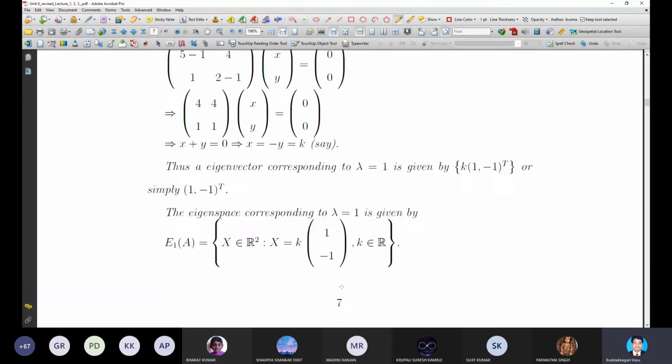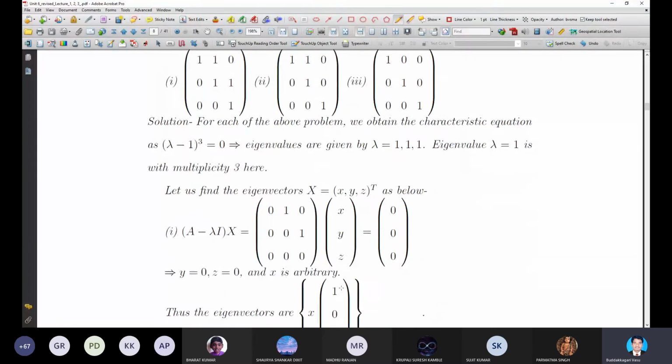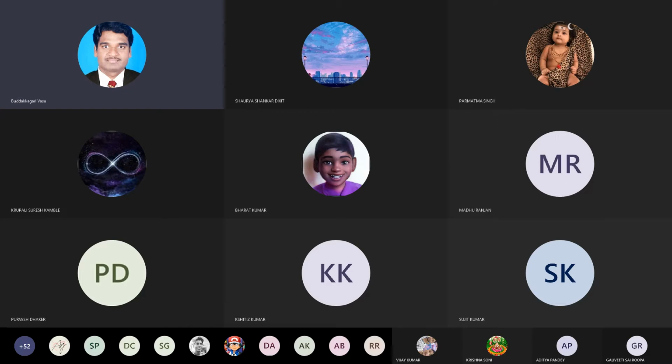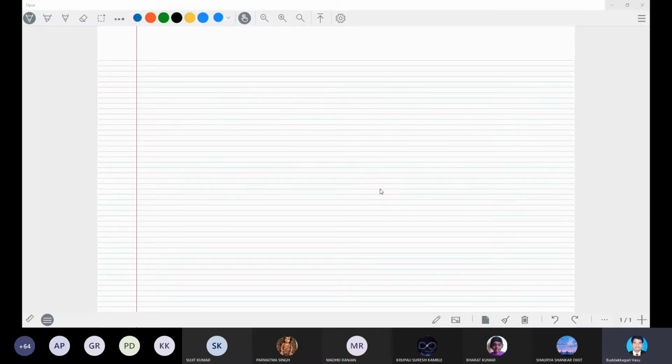Okay, let's see the problem solving. I will take you to another page so that you can understand very easily. I'm doing the problem here for your convenience. I'm just solving a 3 by 3 matrix here.